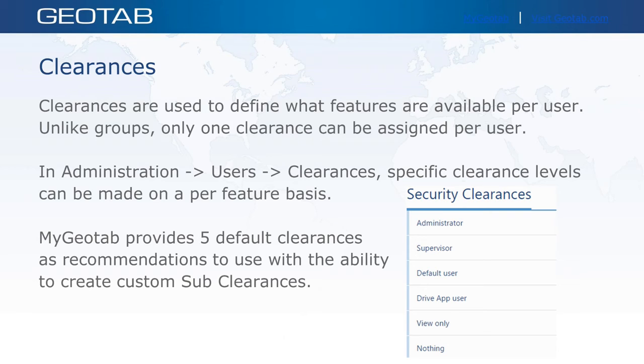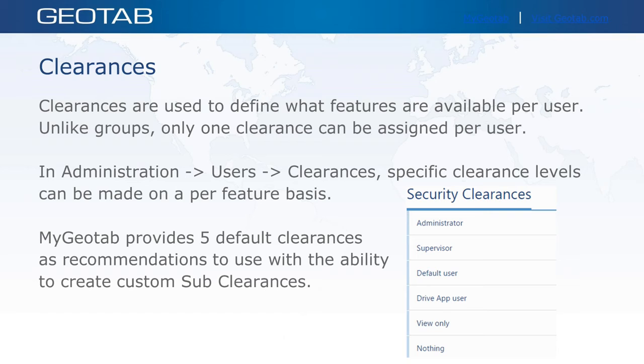Our 5 defaults are administrator, which literally is access to every single thing in the database. Then we have supervisor, which can't do certain things in there. Default user. Drive app user, which is more for the hours of service. View only, which, as you can imagine, does not allow them to administer anything, but they can view anything in the system.